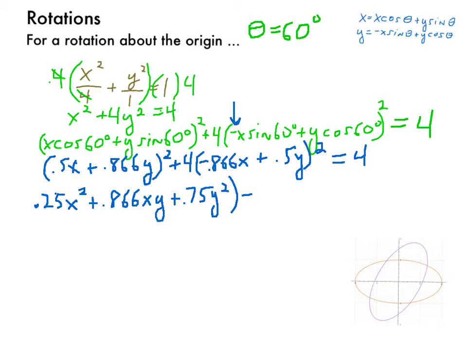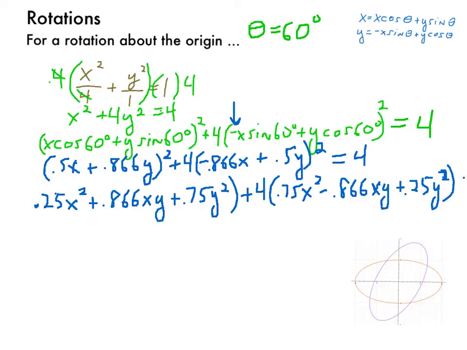And over here, you're going to get plus 4, and then that is 0.75x squared minus a 0.866 xy. That's an xy right there. And plus 0.25 y squared. And that equals 4. I'm running out of room, so let's just shove an equals 4 in there.